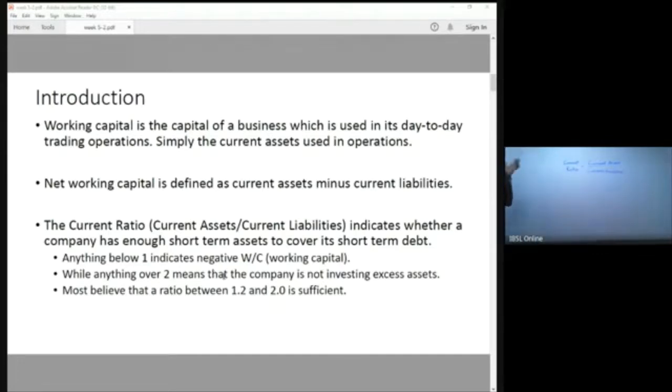Current ratio is current assets over current liabilities. Now, if you have excess working capital, that means your current assets are very high and current liabilities are very low. Remember the working capital equation?